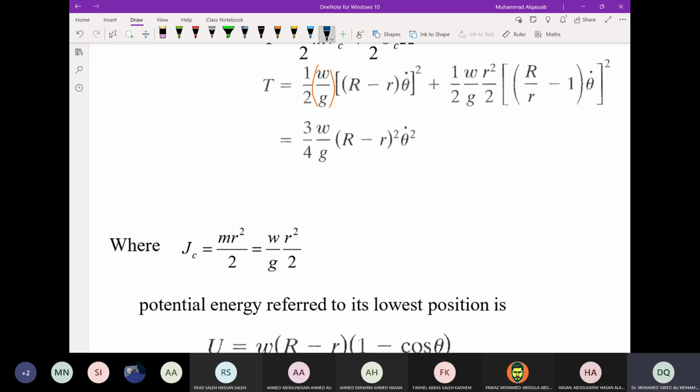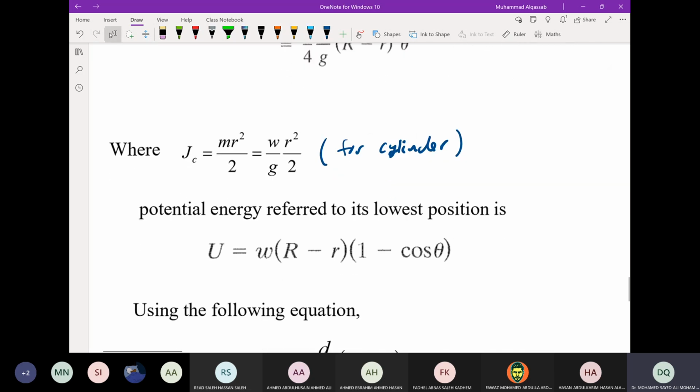This is the equation for the moment of inertia for a cylinder, and also for a uniform disk in rotation.